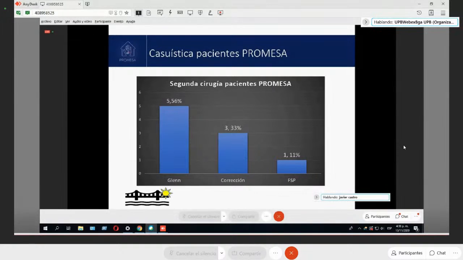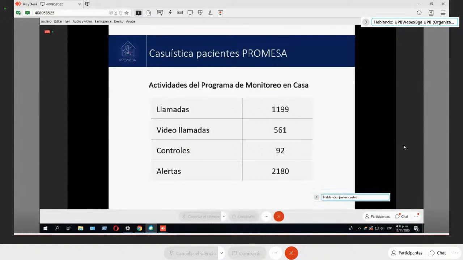So what I want to show you is, despite the follow-up, we have been able to reduce significantly the large numbers of patients lost in the prior experience, as I showed before. So at the end of the bridge, we have 5 patients on Glenn, 3 on definite correction, and 1 in shunting.